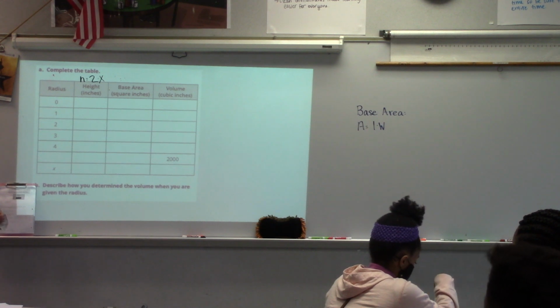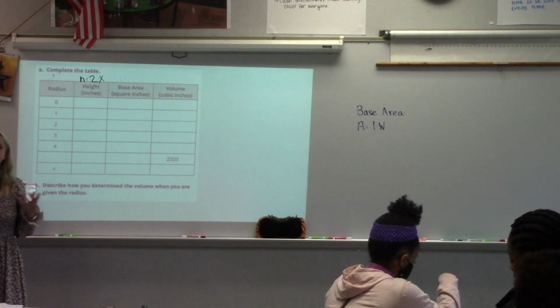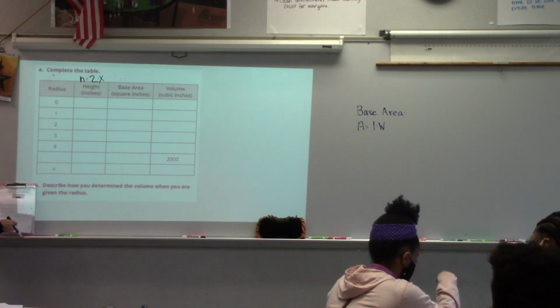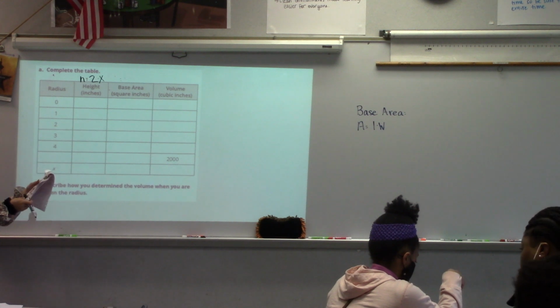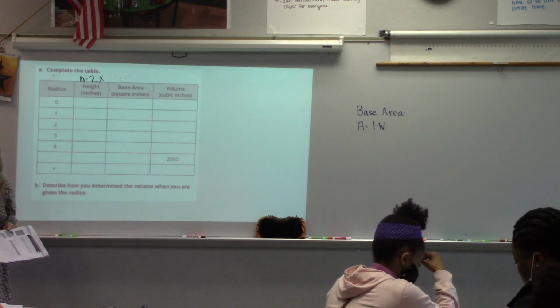Y'all see that box in your book? It says base area equals. What does it equal? Oh, okay, sorry. It says area of a circle is what it says in that box.